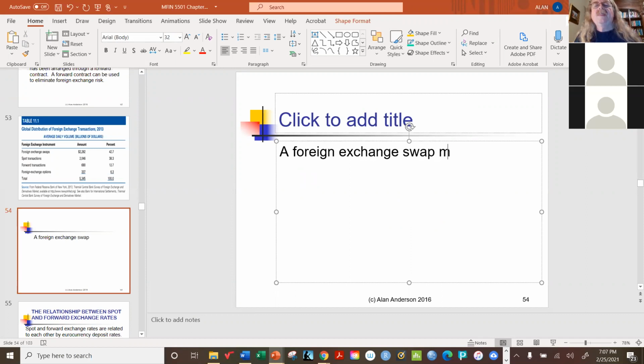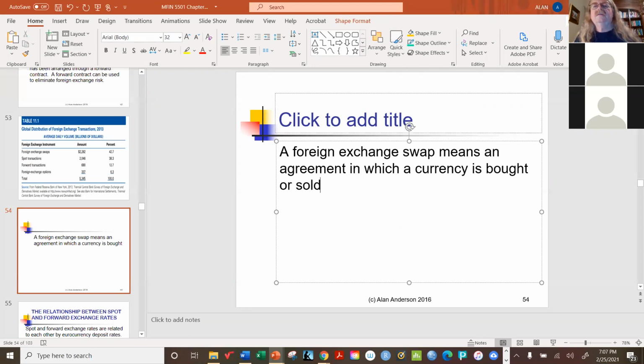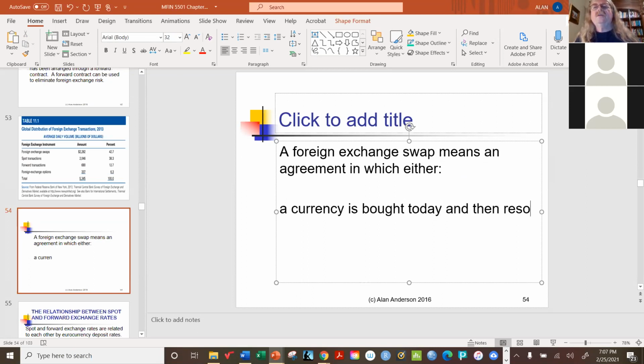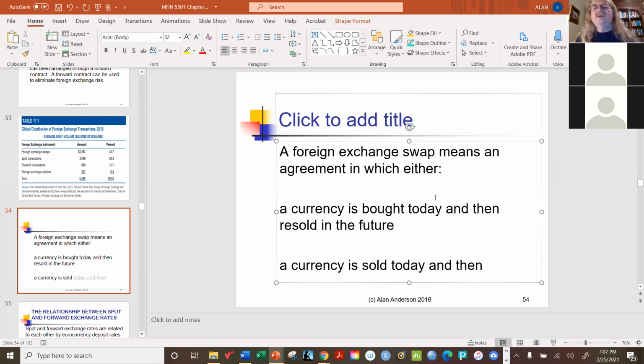means an agreement in which a currency is bought or sold today, and then, actually let me just take a step backwards here, in which either a currency is bought today and then resold in the future, or a currency is sold today and then repurchased in the future.